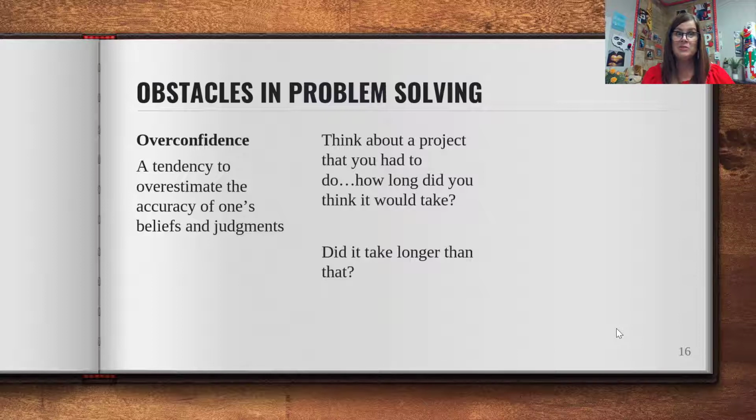So think about a project that you had to do in the past and how long you thought it would take. And then you start working on it, and the reality is your beliefs on how long it's going to take really didn't match up. And that is what we call overconfidence.